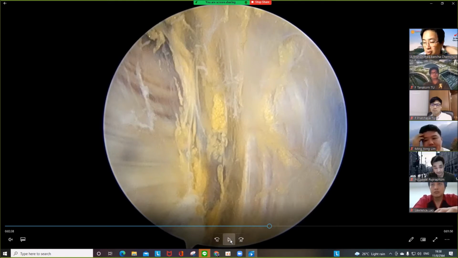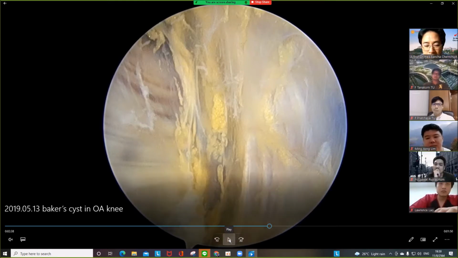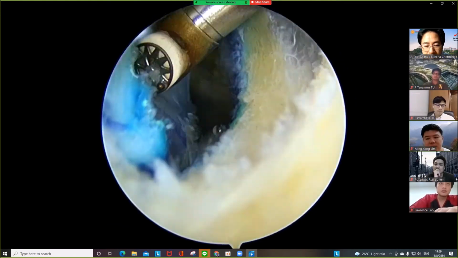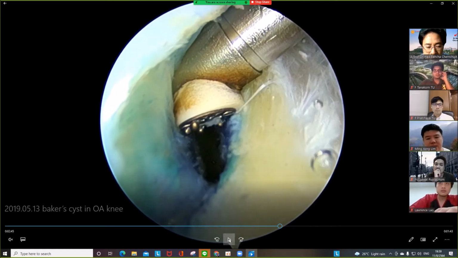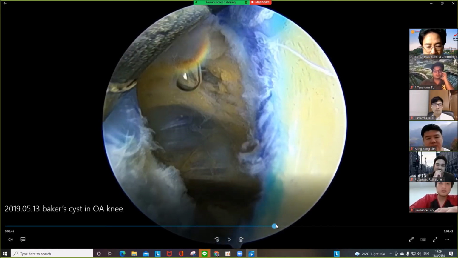Posteromedial. Okay, I can show you. And after that you come and see here. I show you. Here we are coming from the medial side, right? So this one is semi-mem. What is that one? Medial head of gastroc.